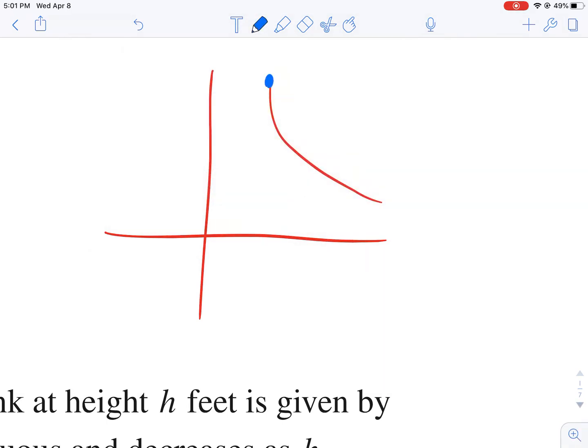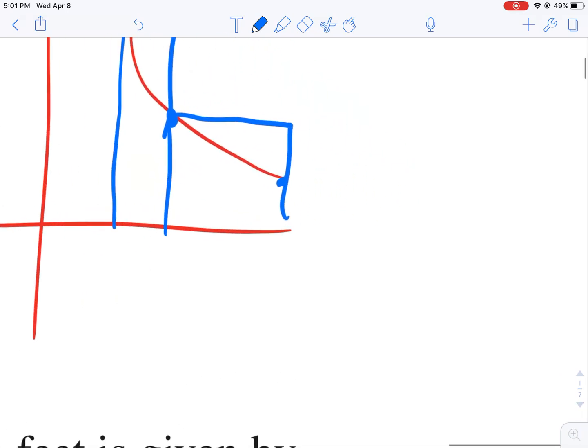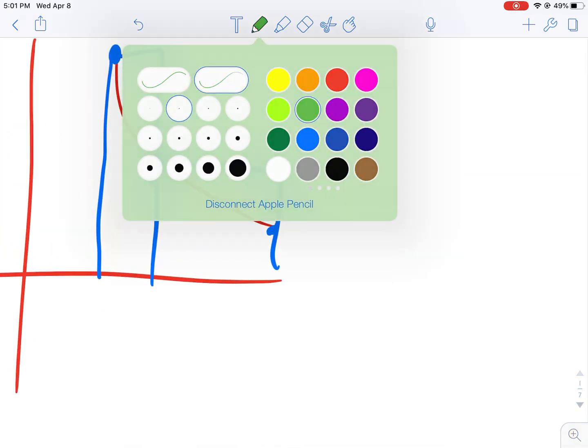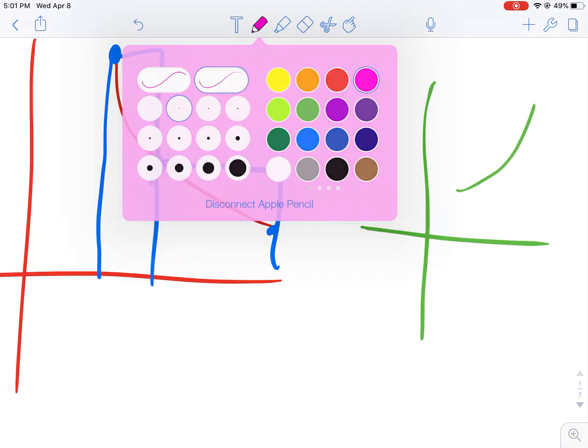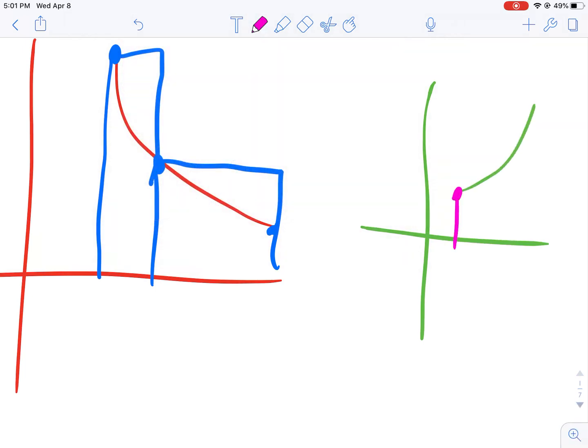If you cut it into 2 rectangles and do an LRAM, since it's a decreasing function, your left endpoint is higher than your right endpoint, and so your LRAM will be an over approximation or an overestimate, versus an increasing function where your right endpoint is now higher than your left endpoint. And so you get something like this. So now your LRAM would look like this and be these 2 rectangles.